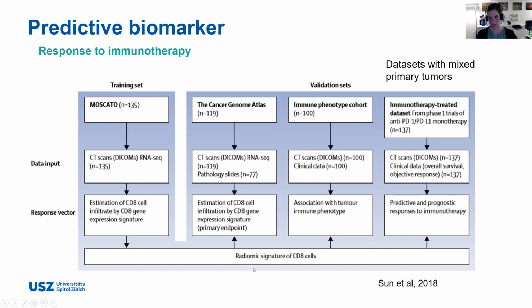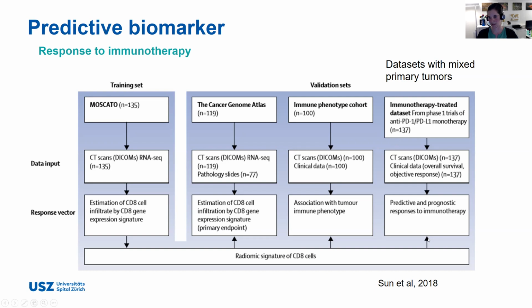This radiomics signature was validated in the Cancer Genome Atlas, and it was validated in a second in-house set. They called it the immune phenotype cohort, which was a cohort which is very extreme, with patients with a strong infiltration and patients with a very small CD8 cell infiltration.